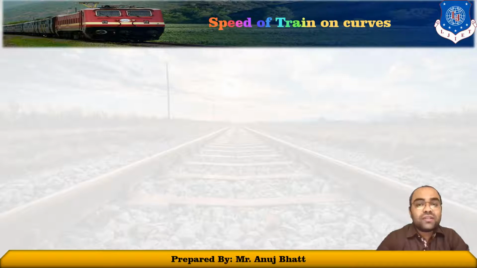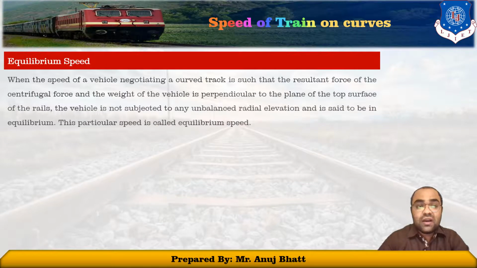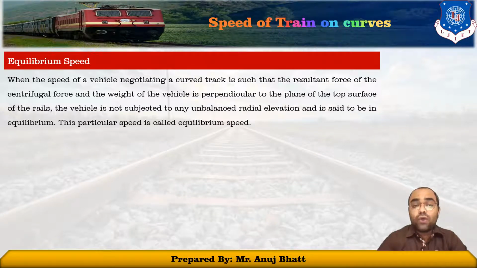For that we have to understand the concept of equilibrium speed. What is equilibrium speed? Well, when a vehicle negotiates a curved track in a way that the resultant of the centrifugal force and the weight of the vehicle is perpendicular to the plane of the top surface of the rail, and the vehicle is not subjected to any unbalanced radial acceleration, that is an equilibrium condition.